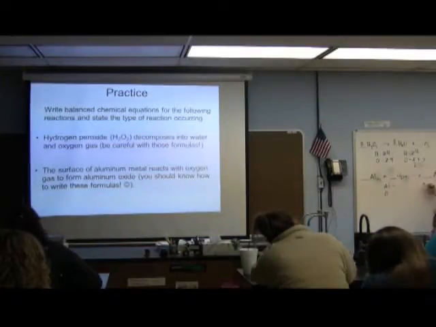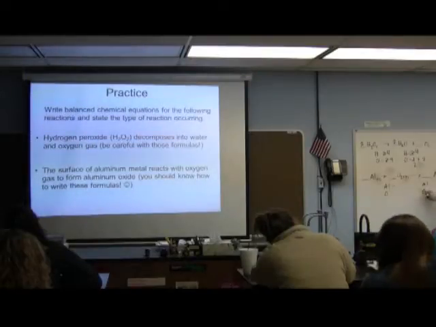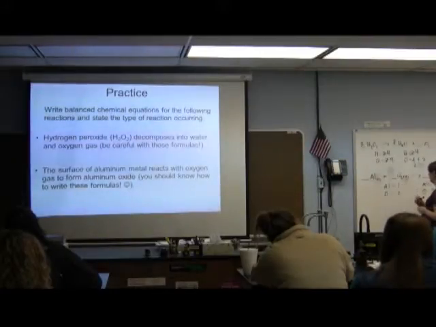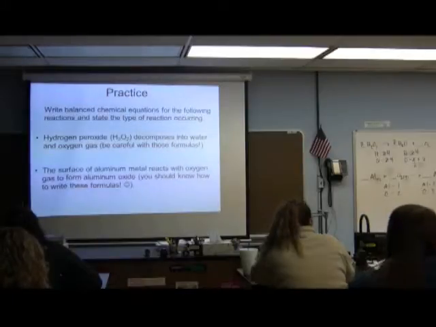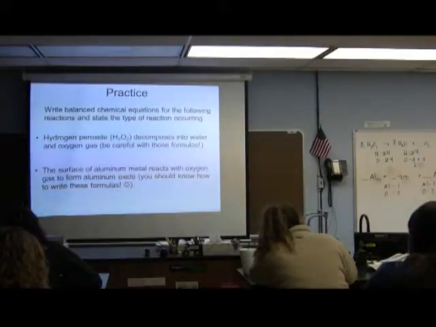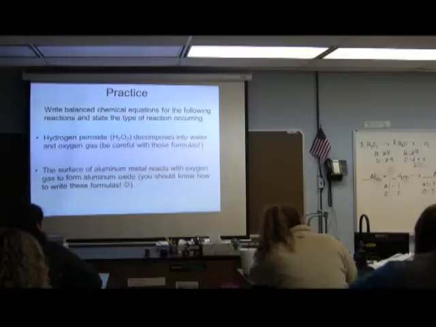Al, O. All right, 2, 3, 2, 1. What should we do? 4, 3, 2. Okay. So, how'd you get that? You put a 2 in front of the product. A 2 in front of the product, okay.